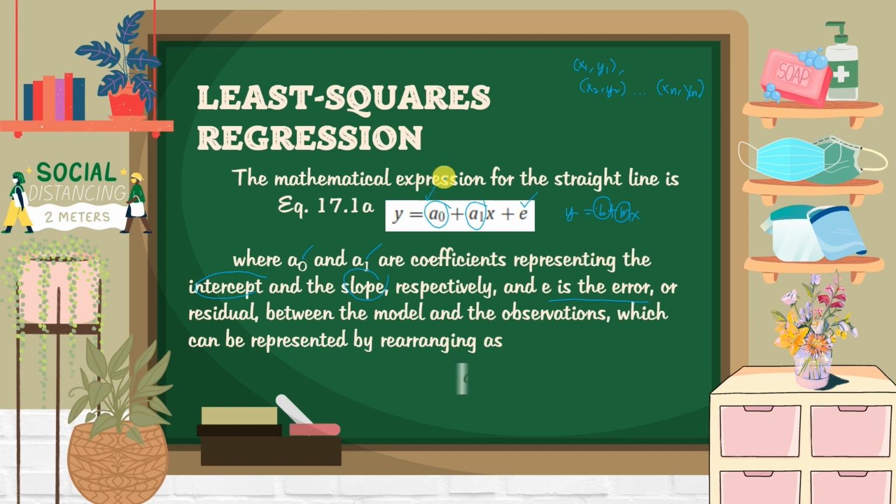We will have the equation 17.1b. Error is equal to y minus a sub 0 minus a sub 1 x. Thus, the error or residual is the discrepancy between the true value of y and the approximate value of a sub 0 plus a sub 1 x, predicted by the linear equation.